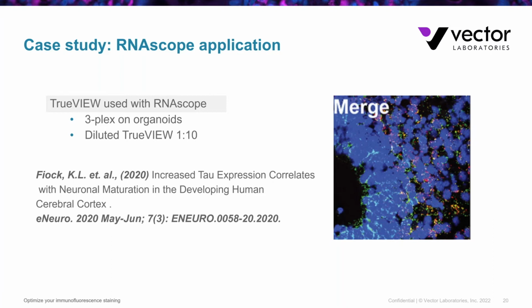Importantly, I wanted to draw out the fact that they did find that diluting the TrueView 1 to 10 in this given platform actually worked a lot better for them. I think they found that the strength of the TrueView, as per the instructions provided, quenched a little bit of their signal. So through the dilution, they were able to optimize it and get a great result at their end.